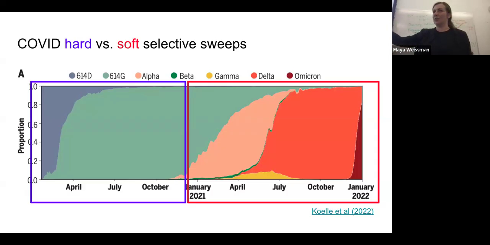Why was that, do you think, versus later in the pandemic? What was changing about the ecology of COVID-19 later in the pandemic that maybe led to more frequent soft sweeps? Okay, vaccines. Why would vaccines lead to soft sweeps?